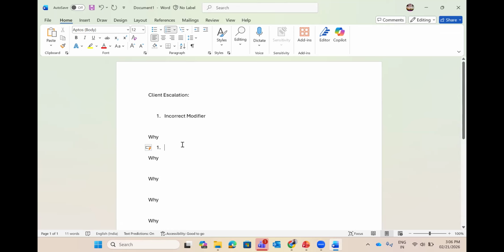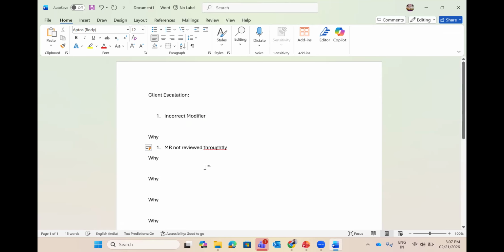Why is there an incorrect modifier? Coder misread the medical records. Okay. Medical record not reviewed thoroughly. Can I keep it like that? So, medical record not reviewed thoroughly.